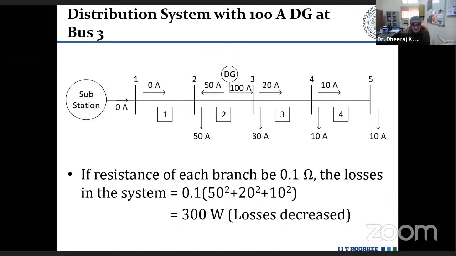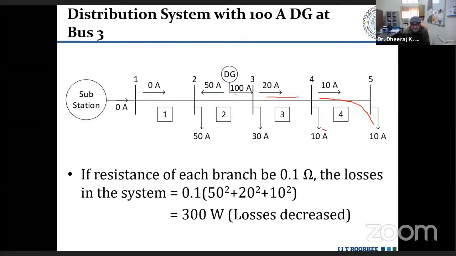Now consider one more situation. Here we have connected a 100 ampere DG at bus number 3, and we have computed the flow of current through different branches. Like 10 ampere will come from branch number 4, this 10, so 20 will flow through branch number 3.